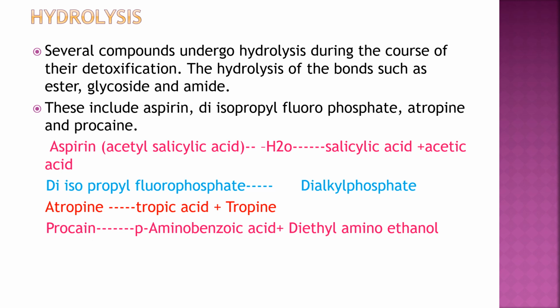These include aspirin, diisopropyl fluorophosphate, atropine, procaine. Aspirin is a painkiller tablet. It is hydrolyzed into salicylic acid and acetic acid. Diisopropyl fluorophosphate is converted to dialkyl phosphate. Atropine is converted to tropic acid and tropine. Procaine is converted to para-aminobenzoic acid and diethylaminoethanol.